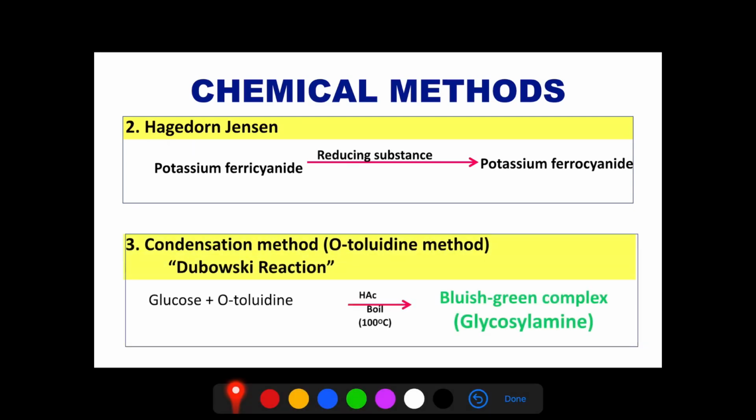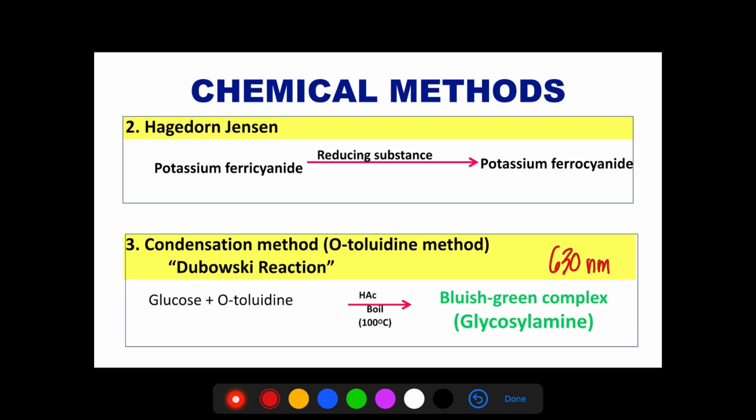We also have the condensation method, or the O-toluidine method, which we commonly call the Dubowski reaction. In this principle, the O-toluidine in a hot acidic solution will yield a colored compound with an absorbance maximum usually at 630 nanometers.